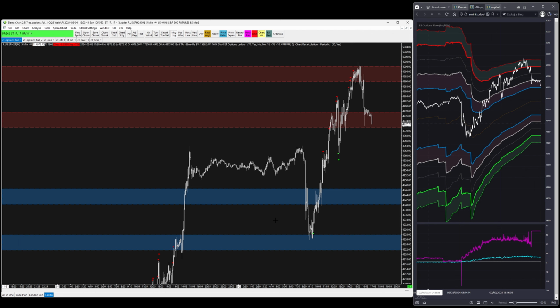But this is one important thing which you can take away right away: when you see this happen during overnight or later on in RTH, the first level which is hit, if it's blue, then the reds are less significant. If the first level is red, then the blue levels, so the bullish levels, are less significant, right? So this is exactly the Friday situation.